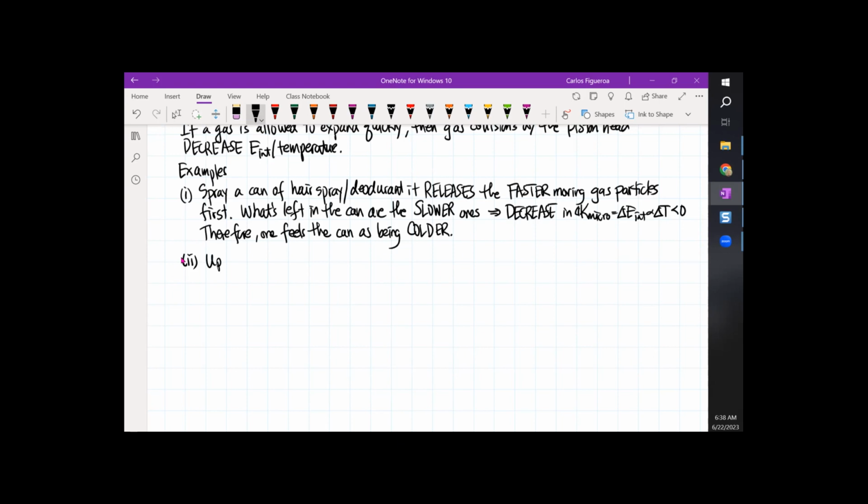Now, upon opening a bottle, I should say a long neck bottle of beer or soda, you will notice a haze form in the neck.